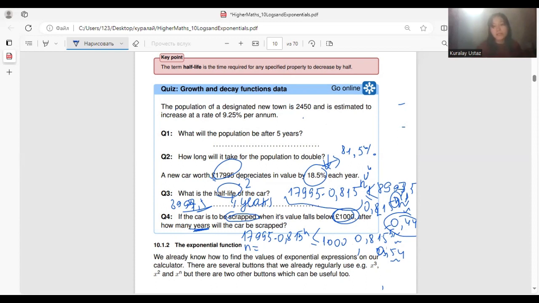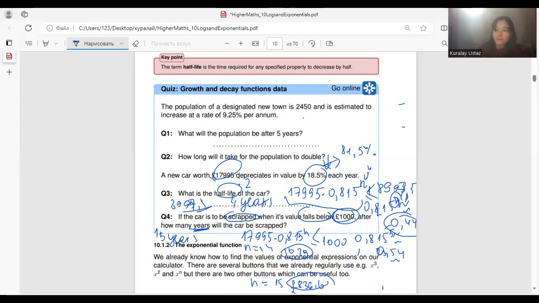Also by trial and error, it will be after 14 years. For example, when it is 14, the value is like that. When 15 years pass, the car will cost this many pounds. So here you need to take not 14 years; the answer should be 15 years, because the value falls below. We take not this value, we take this value, which falls below 1,000.